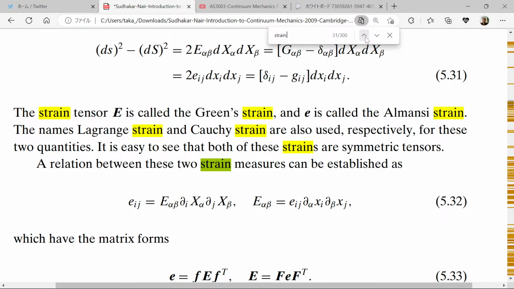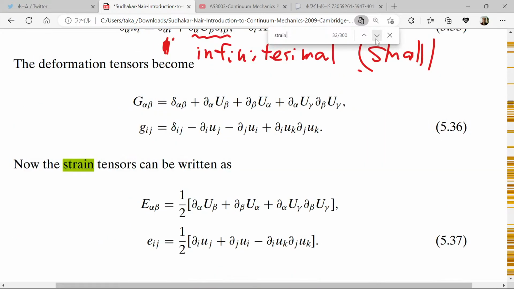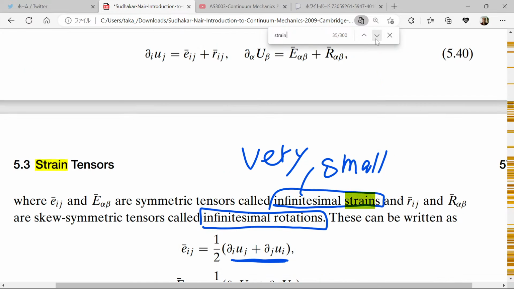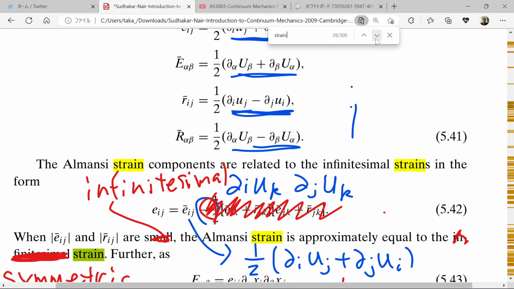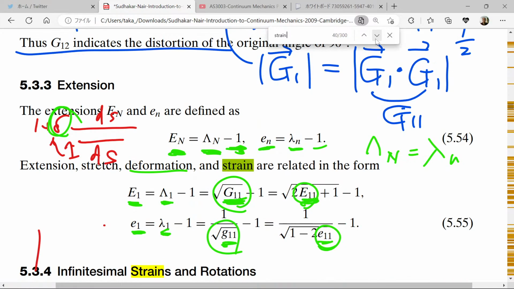Lagrange strain. Cauchy strain. Green strain. Large E is Green strain. Small e is Almansi strain. Large E is Lagrange strain. Small e is Cauchy strain. Anyway, so there is such a relation.